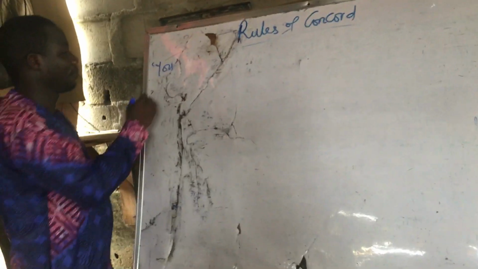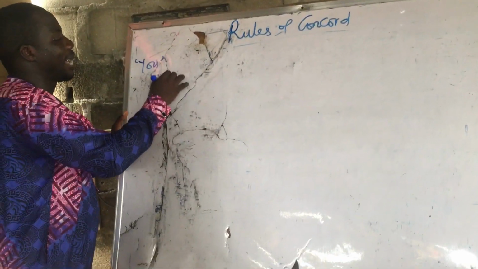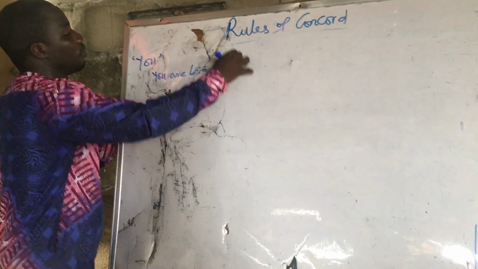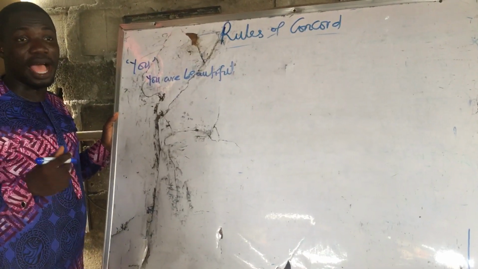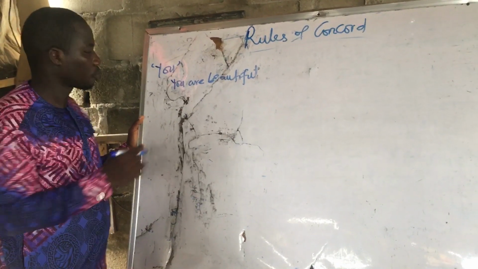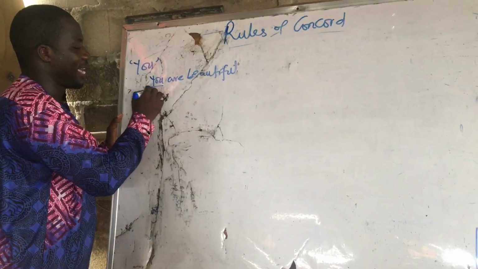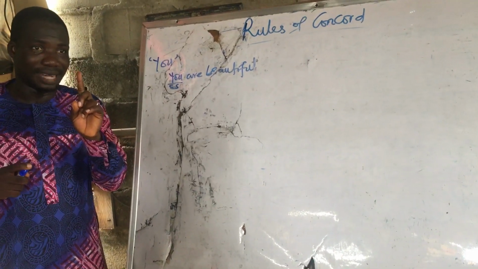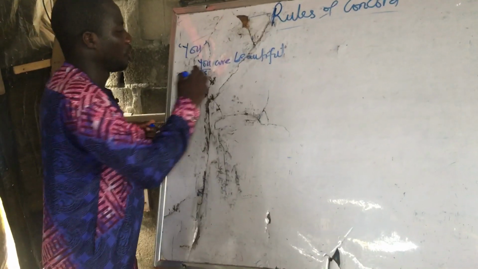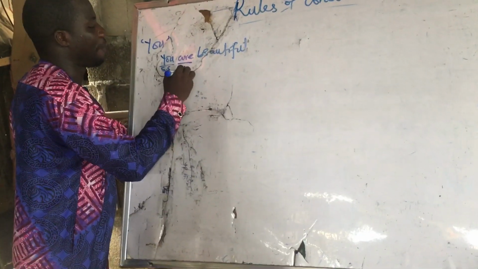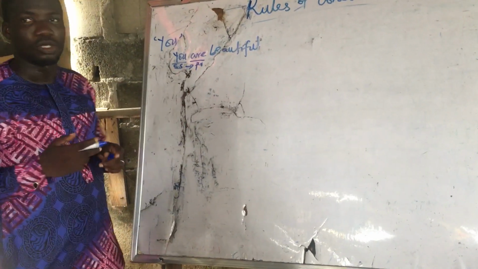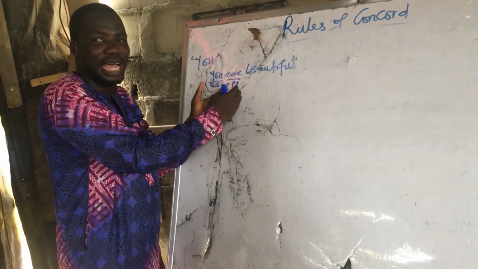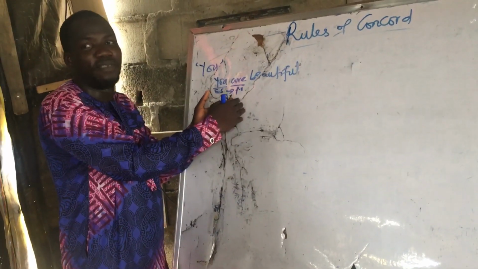When you say you are beautiful. You here as a singular subject, I'm referring to just the person, right? And you have are as a plural verb. So it becomes you are beautiful. Singular subject going in line with a plural verb.